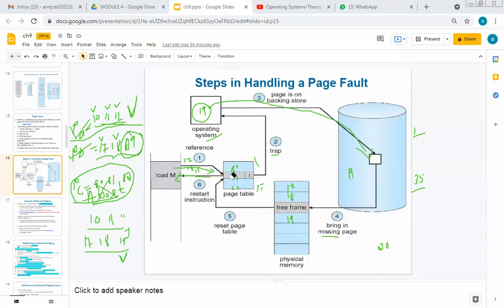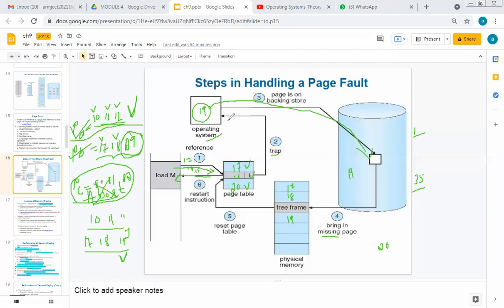Now, there is extra work when we have partial execution, where part is correct and part is wrong. Like 17 valid, 18 valid. I am assuming a page table size of 3 only. So right now it is 20, but what is the expectation? 19. With respect to 20, it is not required. So what do we have to do?